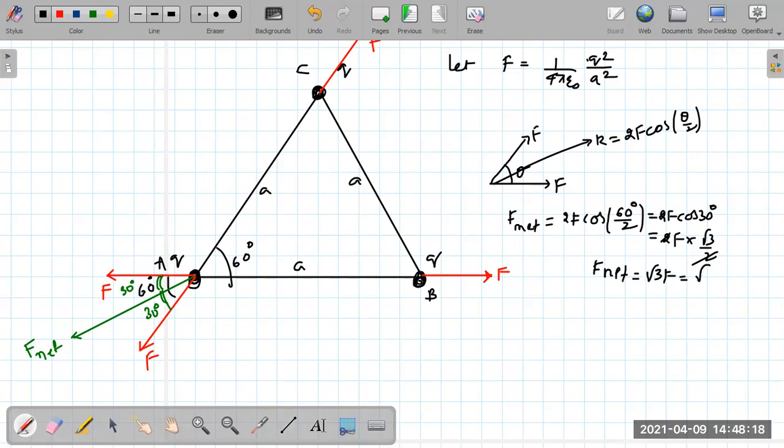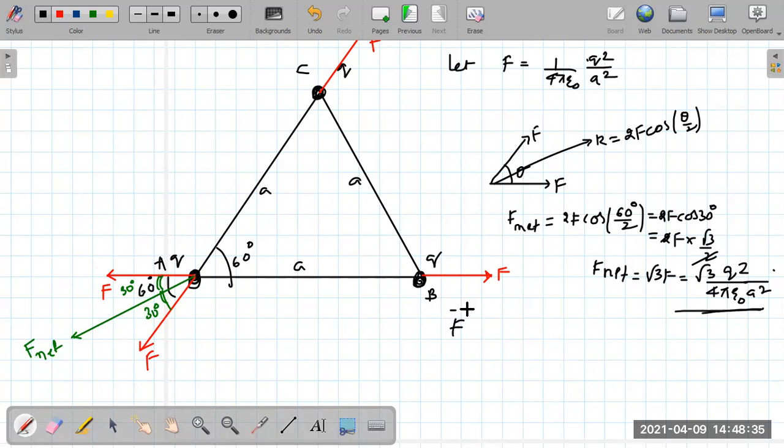That will be root 3 q square by 4 pi epsilon naught a square. In fact, that's what we got as our answer after doing so much process. And the direction is bisecting.